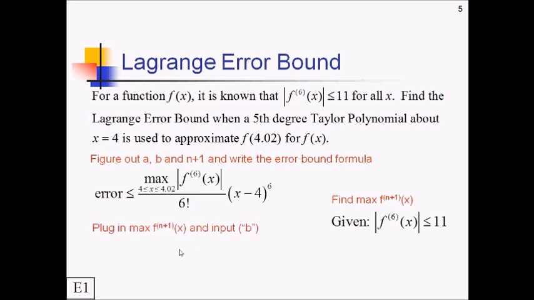All that remains now is to plug in that max derivative and our input value and call it a day. So I'm going to rewrite this now as error less than or equal to 11 over 6 factorial, since 11 is the max derivative. And then instead of x, I'm going to put 4.02 minus 4 to the 6th power. Time for the calculator.